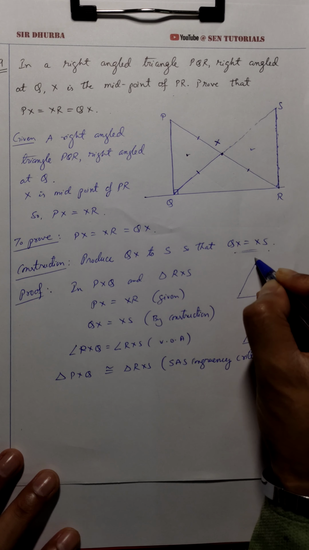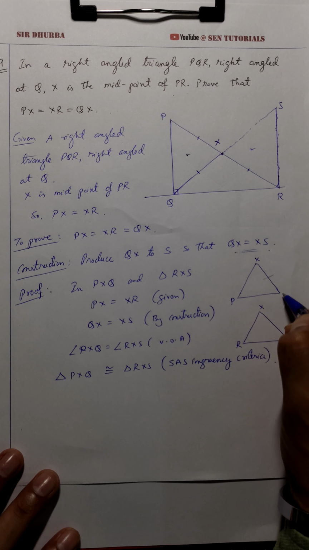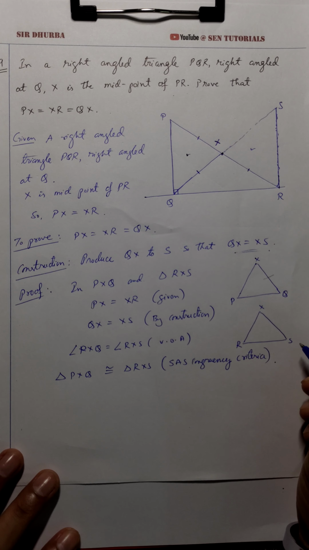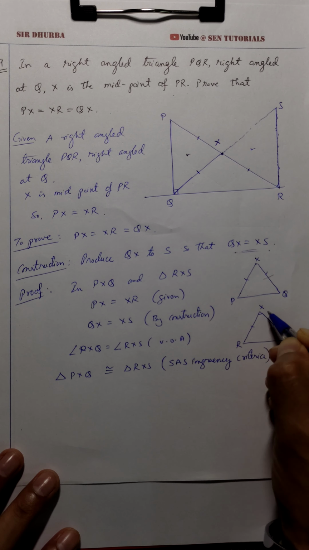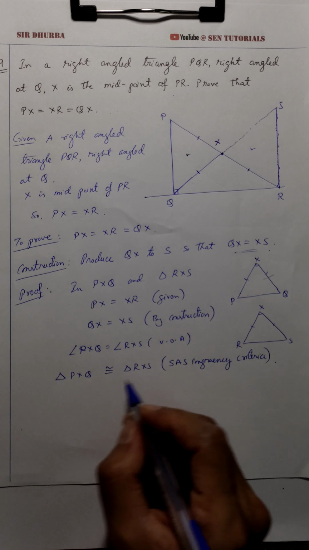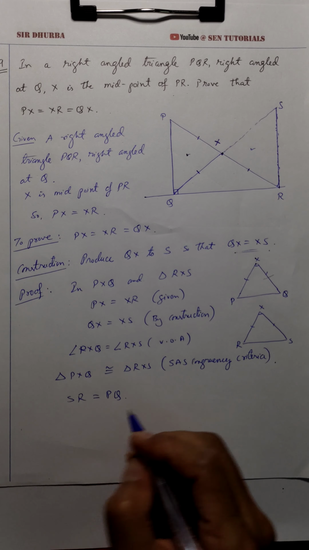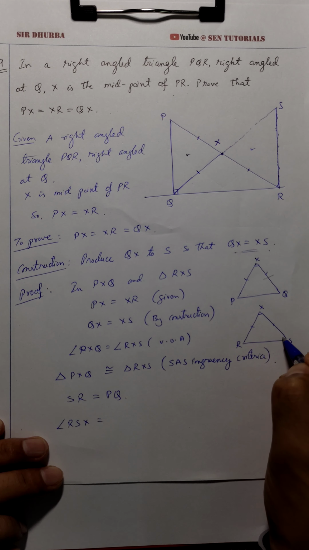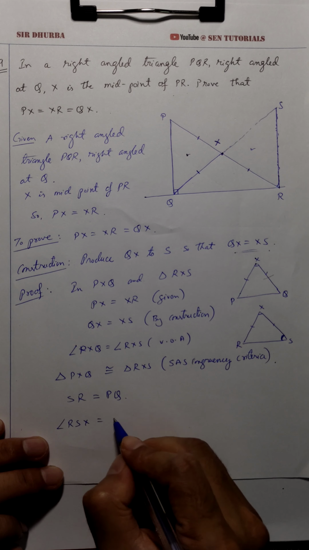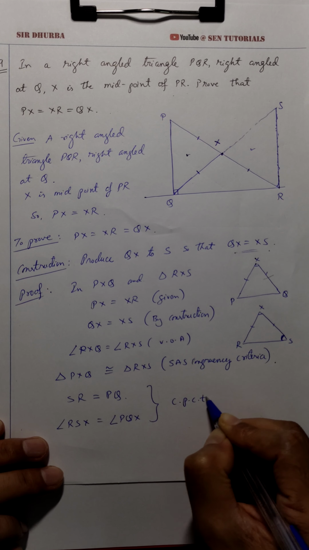X is the common point, so PX is equal to XR, QX is equal to XS, and these two angles are equal. So once they are congruent, SR is equal to PQ and angle RSX is equal to angle PQX, corresponding parts of congruent triangles.